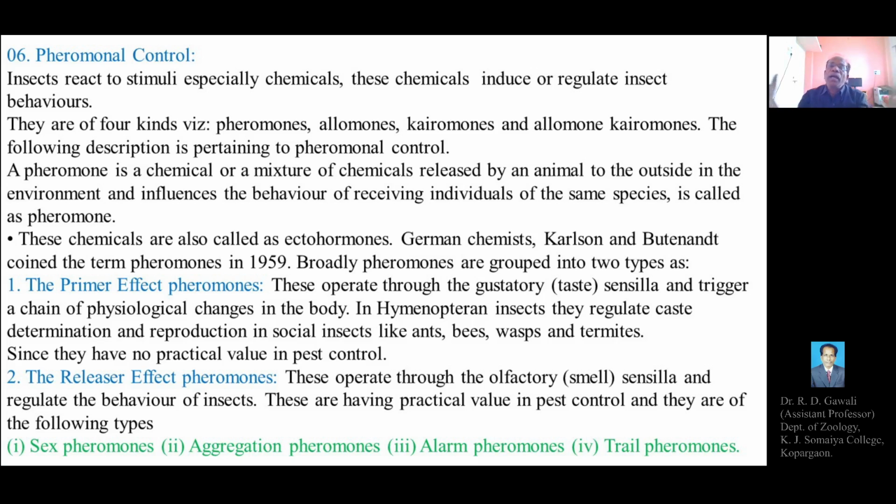Means for the aggregation or collection of either male members or female members or members of both sexes at one point, so as to collect them, aggregate them, and after which we can use certain other control measures like chemical control measures to kill them. So the releaser effect pheromones can be used for the purpose of pest control.